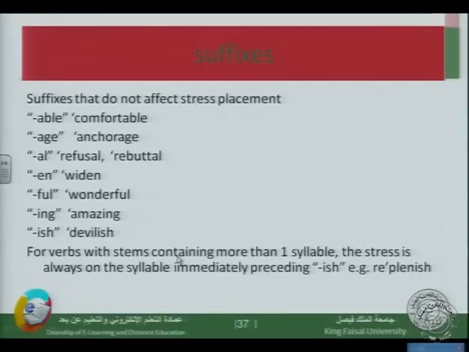For verbs with a stem containing more than one syllable, the stress is always on the syllable immediately preceding ish, like replenish. Notice some of these, for example devilish, did not change the stress in the word. Why? Because this is an adjective, but in some verbs ending in ish, like replenish, the stress should be on the syllable before the suffix ish. Okay?